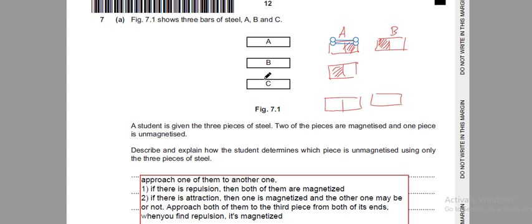If we have, and we will surely have, because if one of A or B is unmagnetized, then the other one is magnetized and the third one is certainly magnetized, so we can exclude the third one as the unmagnetized and then think about how to use the third one to figure out whether A or B is the unmagnetized one.